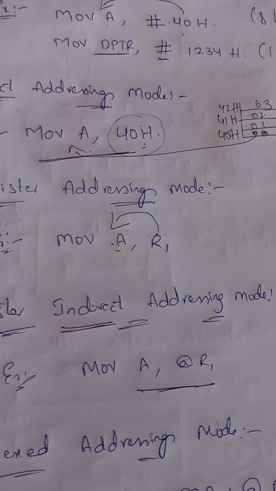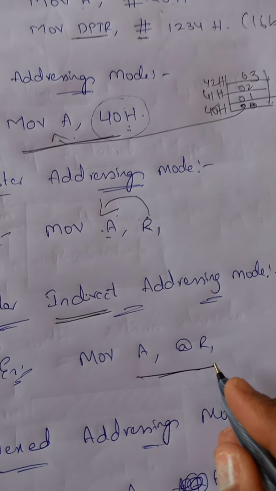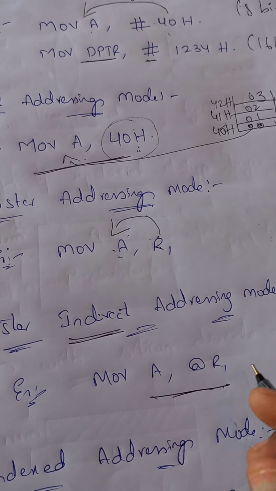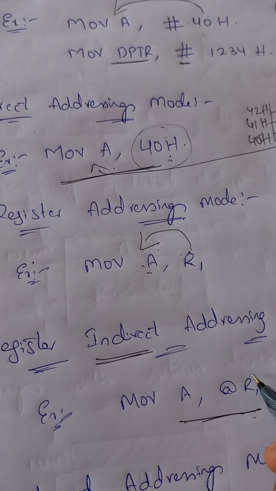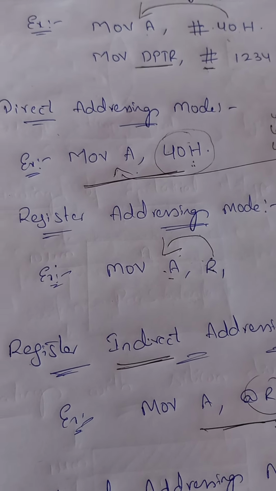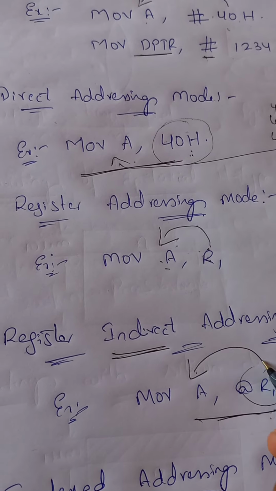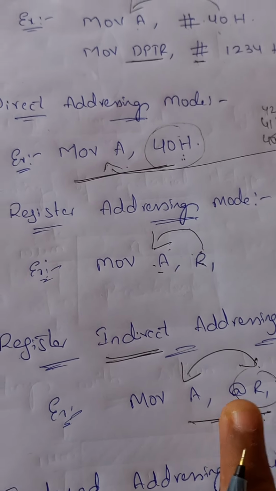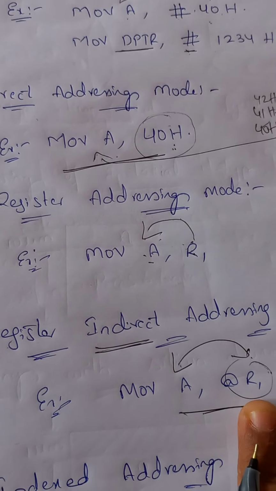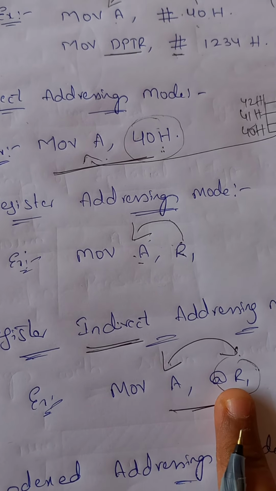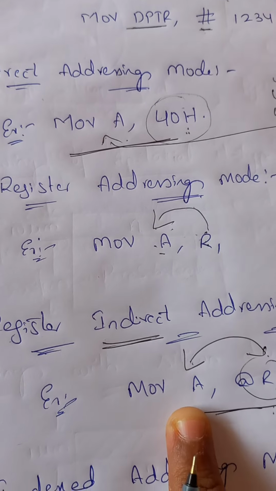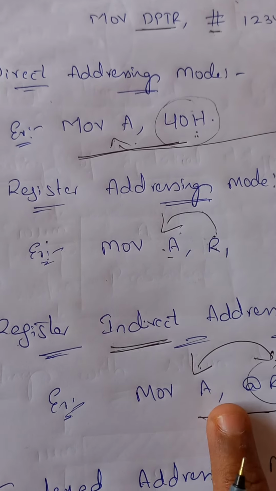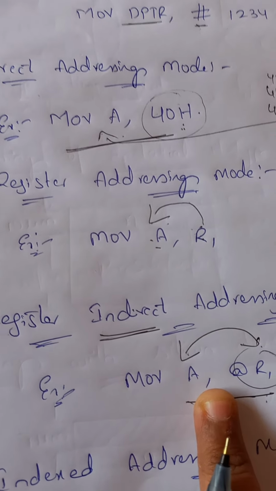The contents of the internal RAM location whose address is specified in the R1 register are transferred to the A register. Once again, the contents of the internal RAM location whose address is specified in this register are transferred to the A register. So this is the register indirect addressing mode.